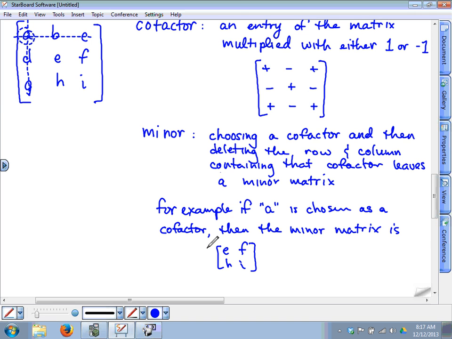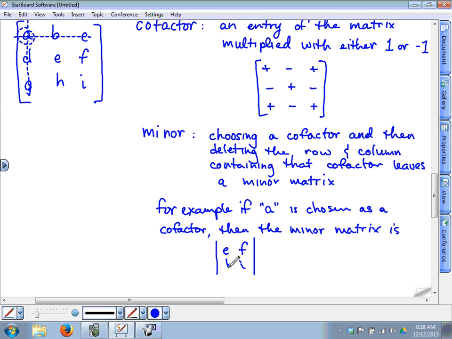Well, technically, we need to add one more thing to this definition here. If I erase these bars and put these kind of bars, what's the difference? This is a determinant. A minor is not just the matrix left over; it's actually the determinant of that matrix that's left over.